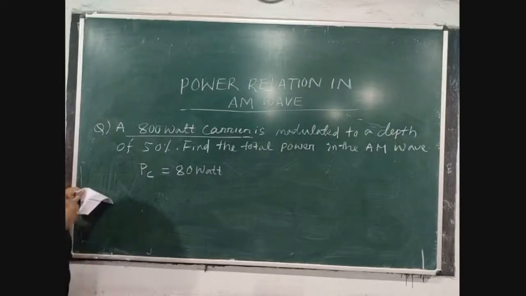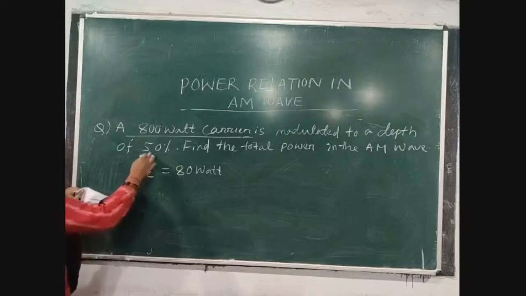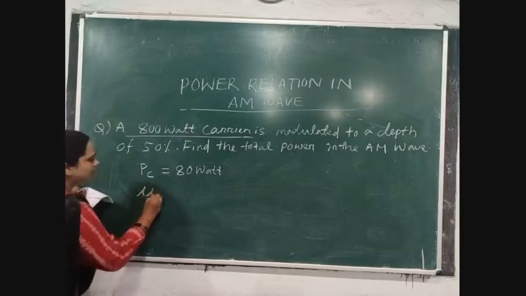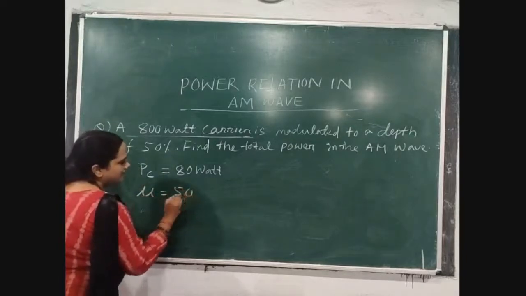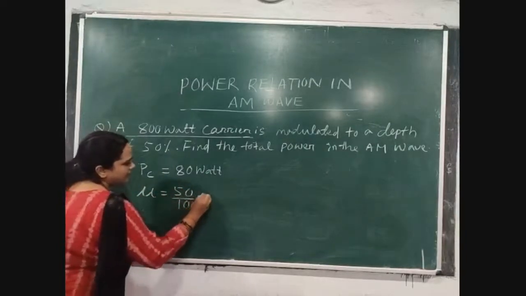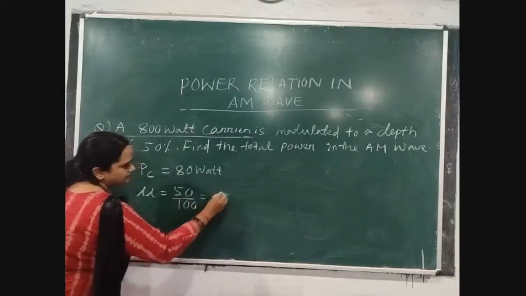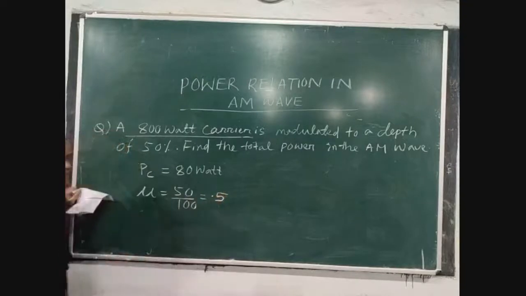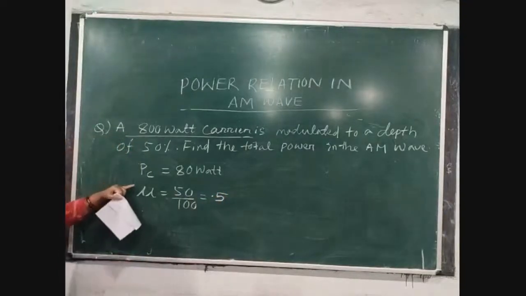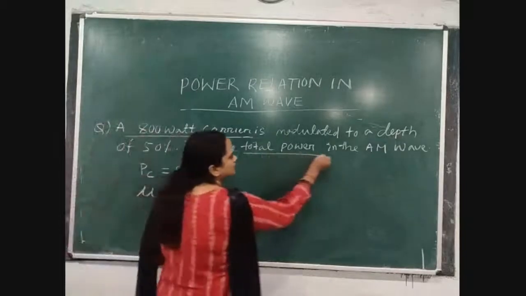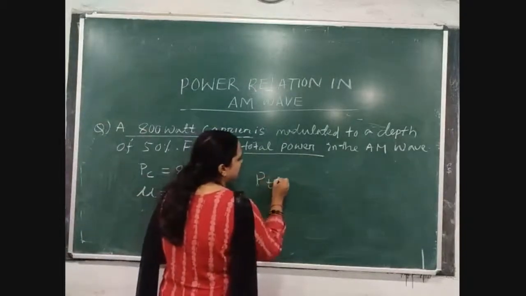So to find the modulation index from the percentage of modulation, we divide by 100. So mu equal to 50 by 100 equal to 0.5. So we have two values, that is PC and mu.